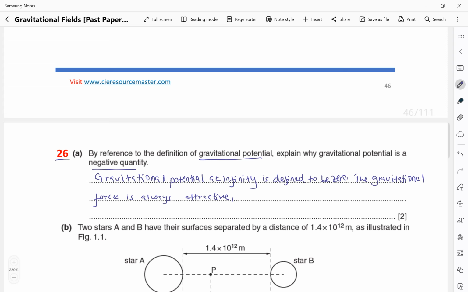So it means that work is done or work is got out of an object when you move it from infinity closer to another mass.